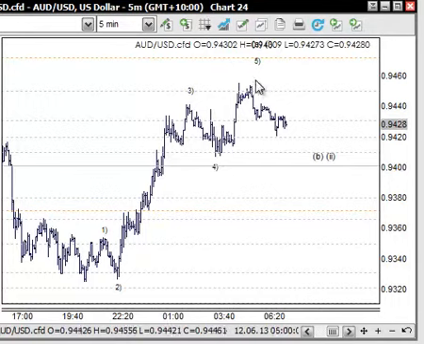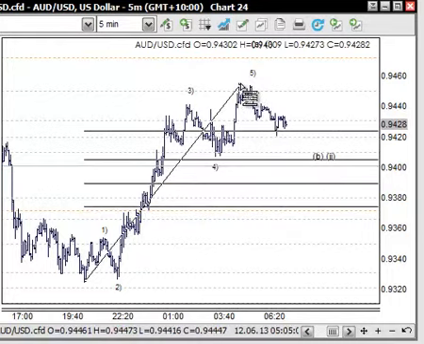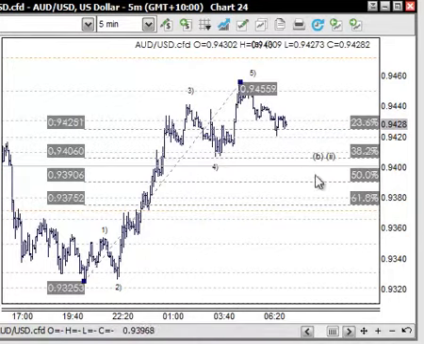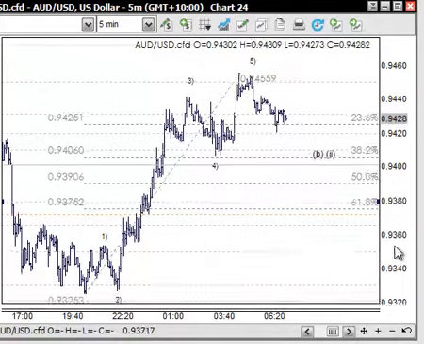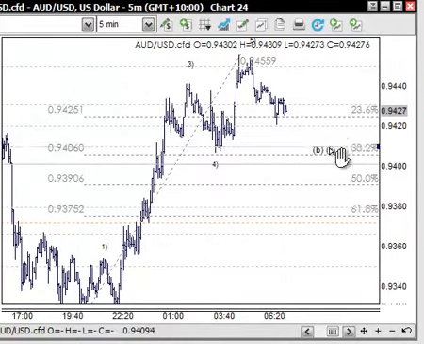So now what we're looking at is the ABC correction through here. First of all, we bring this in, and the ABC correction will come in at 61.8, so we can be looking at it back into this area through here.